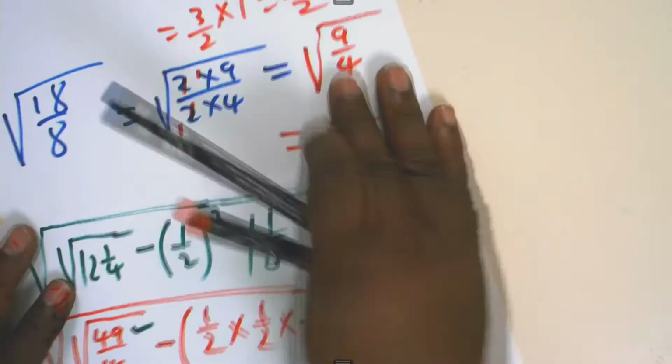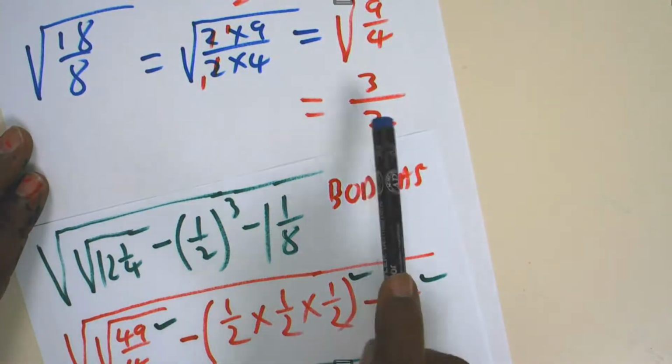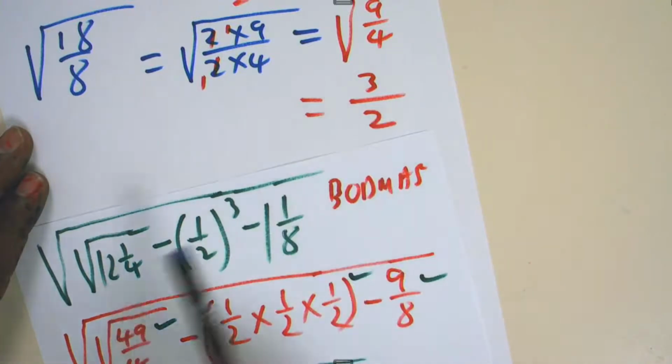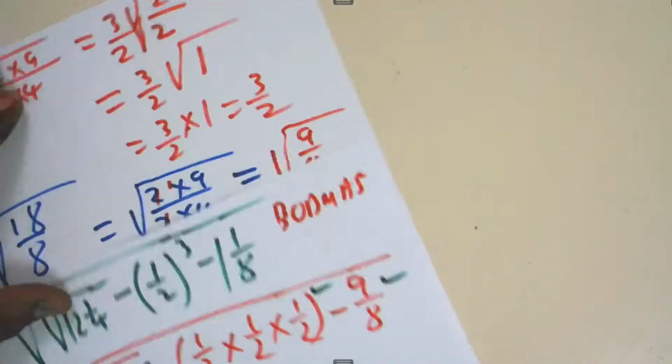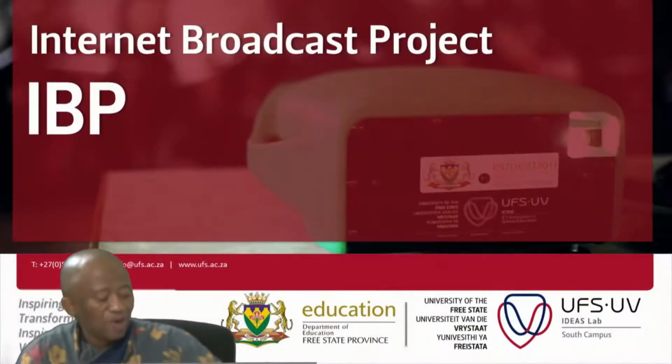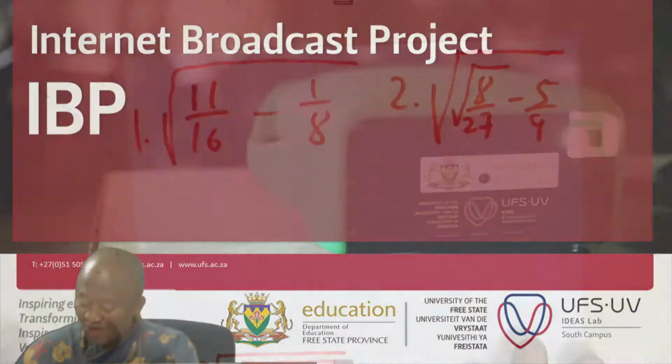This is where it started, from here to here. So by knowing the rules, by following the rules properly, by understanding your rules, you would know when and how to apply them, and therefore you'll be able to get to the correct answers.